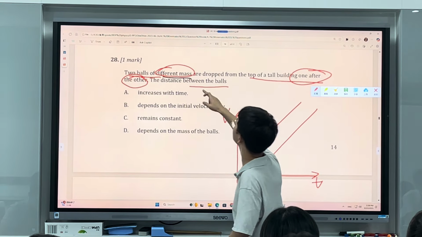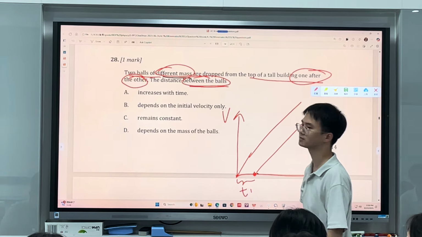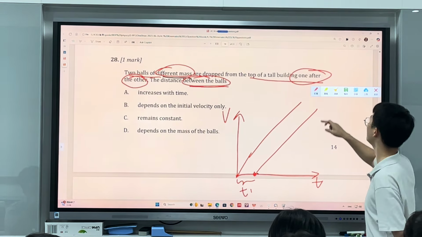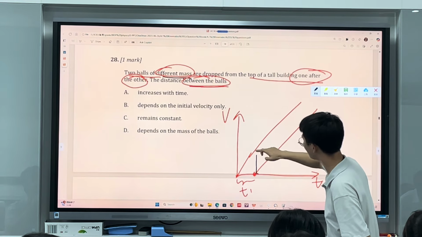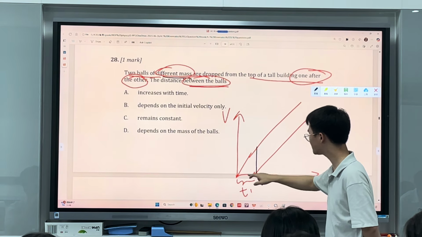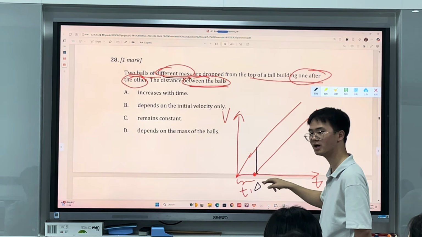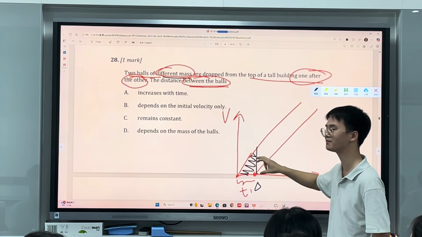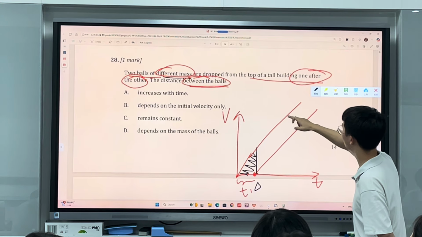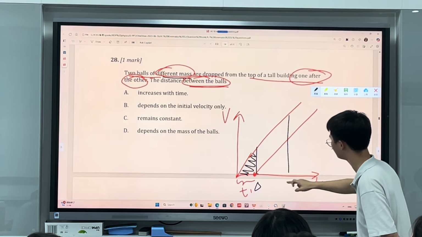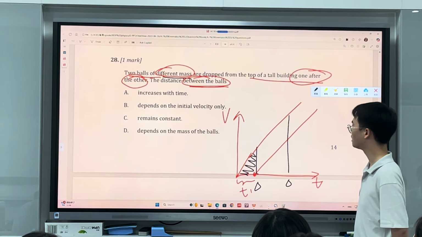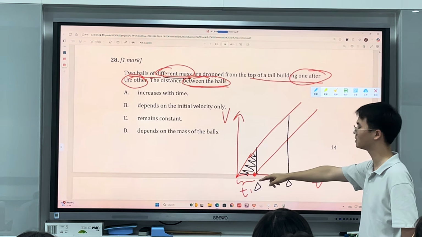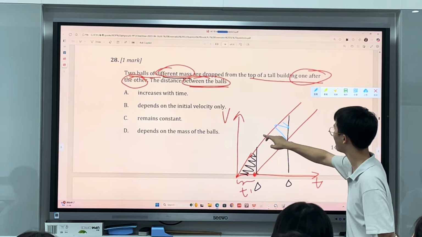Okay, it's asking for the distance between the balls. What represents distance in a speed-time graph? Area. Okay, so start from here, right? Before the second ball is dropped, the first ball has already moved this much, right? Okay, let's compare. When it comes to here, this much. So the distance moved by the first ball is this much, right?